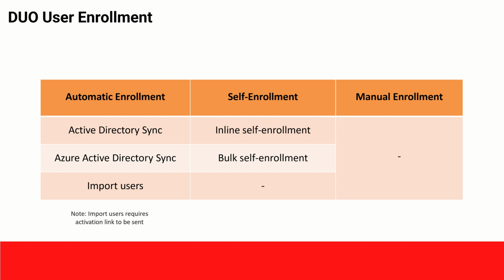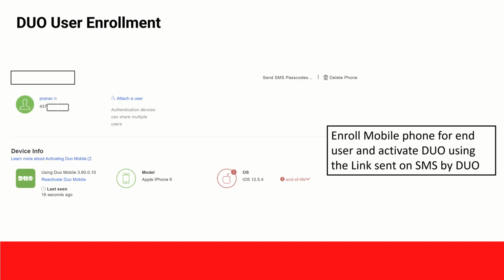Now, whenever you import any user, you have the option to activate that specific user's device. The Duo application needs to be activated, and the process is quite simple. If you see on the screen, it is very simple.